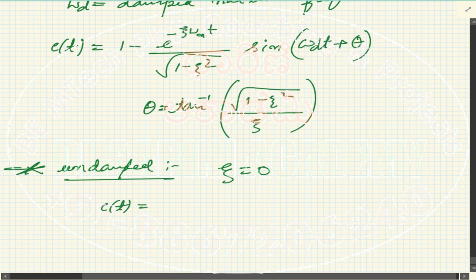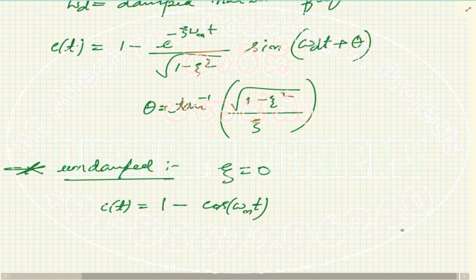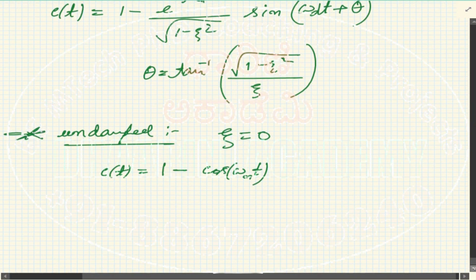Directly we'll write the required answer. 1 minus cos of omega n into t. All right, that's the next case.